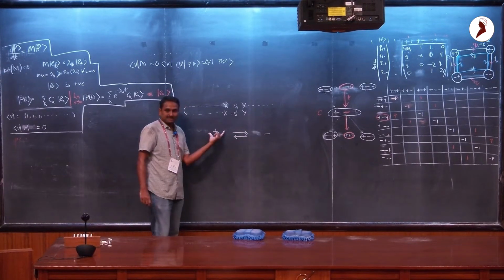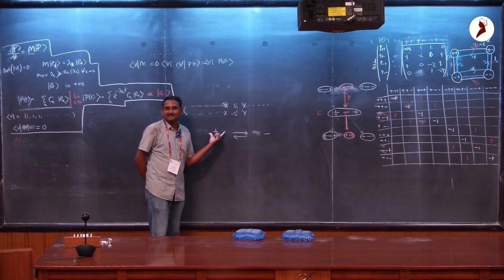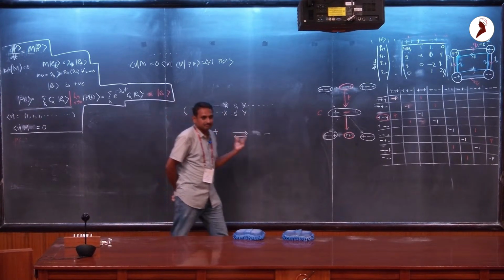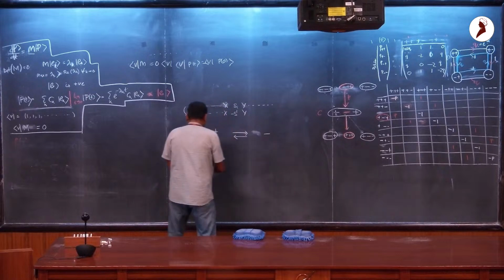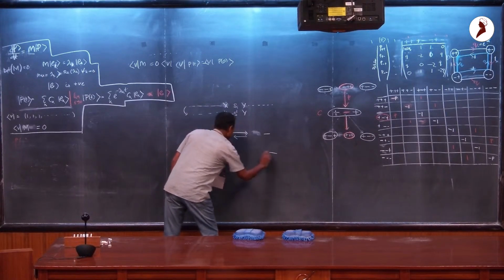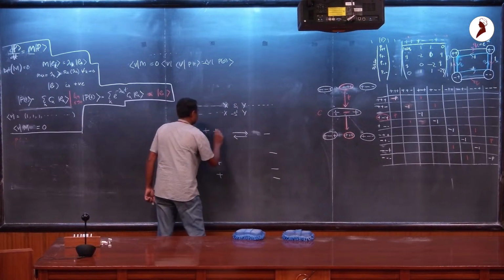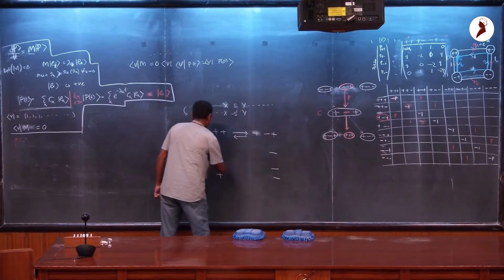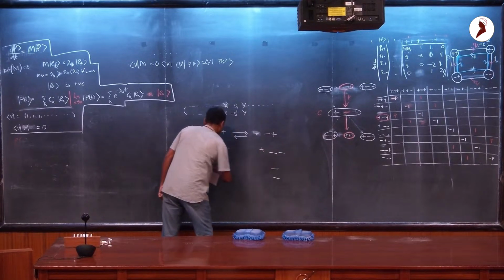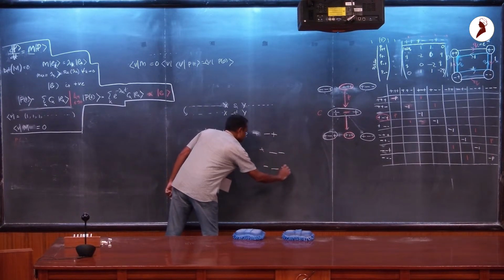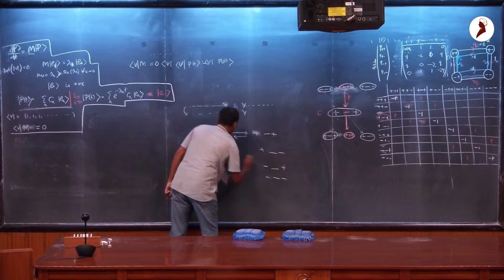How many possible rates can you write? Four. So I write the four combinations: plus plus plus, plus minus plus, minus plus, minus minus, and then there are rates.